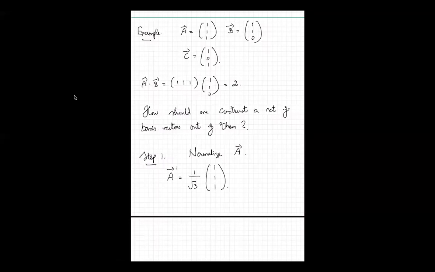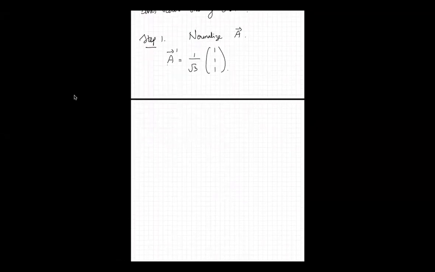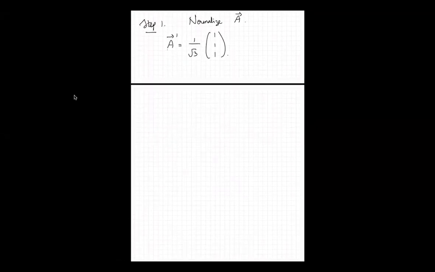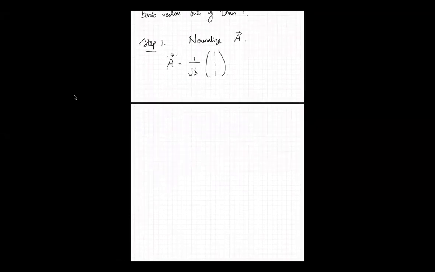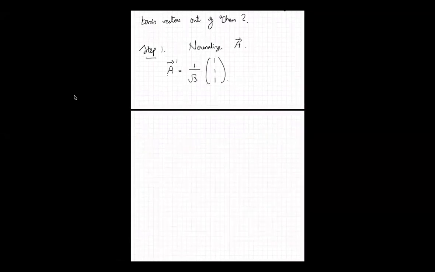When I do the normalization, I should not change the relative weights of the components. I simply divide this vector by the length of the vector. Now the length of A prime is 1, as you can easily check. If I divide by the square root of A dot A, I get something that is normalized to unity. This is the procedure of normalization of a vector.